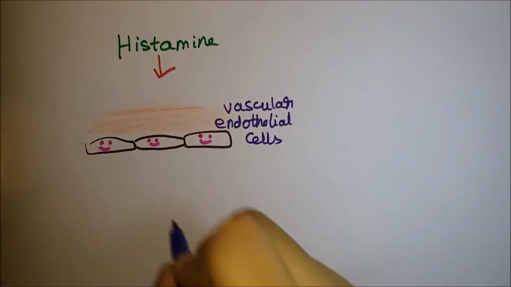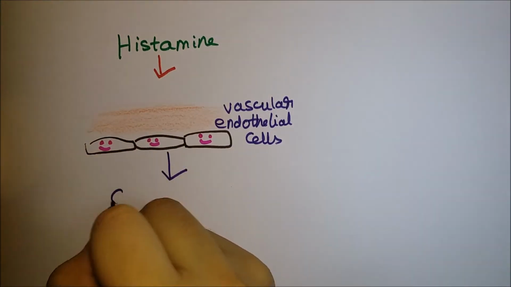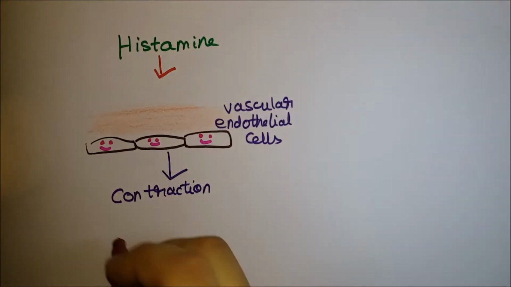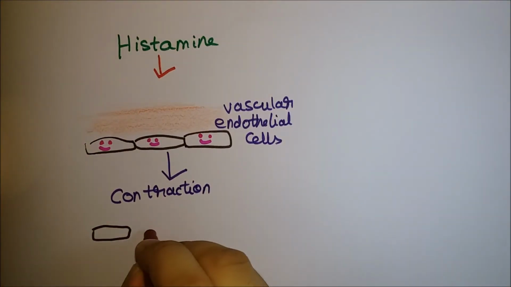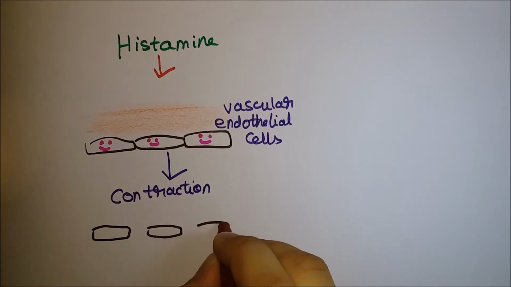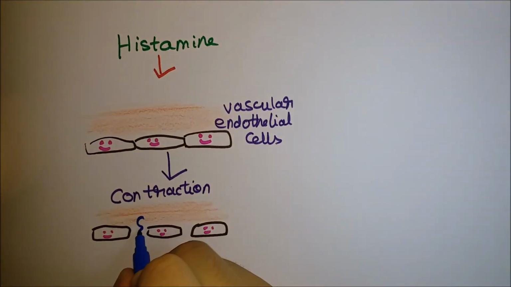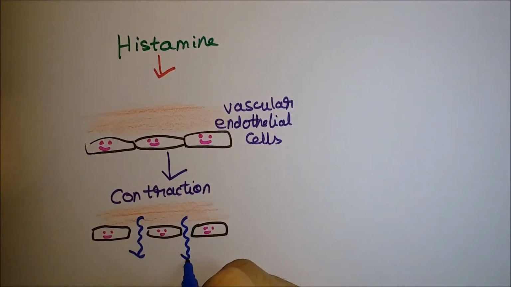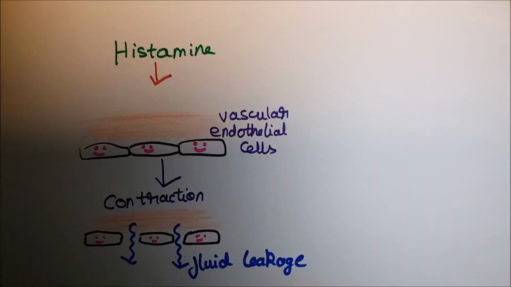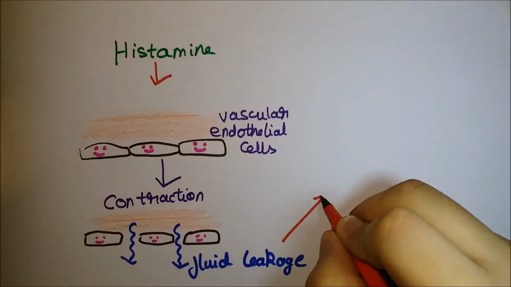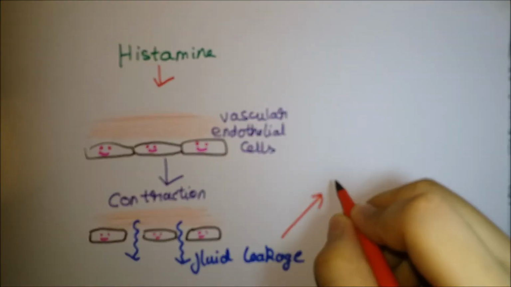If the vascular endothelial cells contract, they increase the permeability of the blood vessel by increasing the interendothelial spaces. This causes fluid leakage, meaning plasma fluid leakage, through the interendothelial cell spaces.